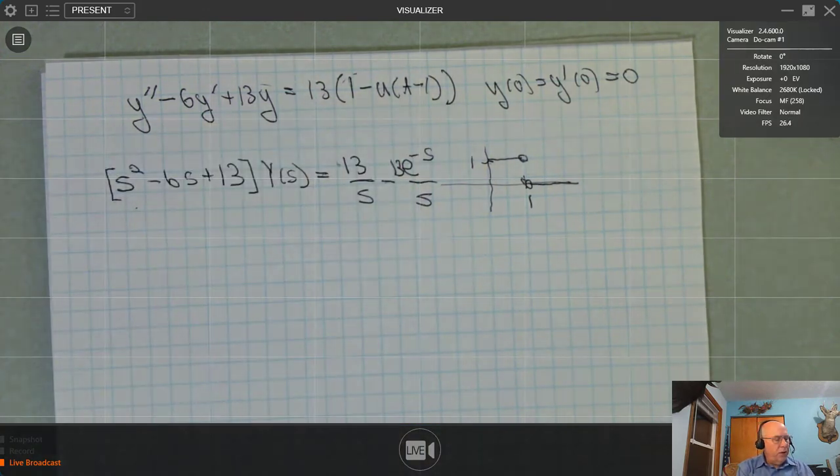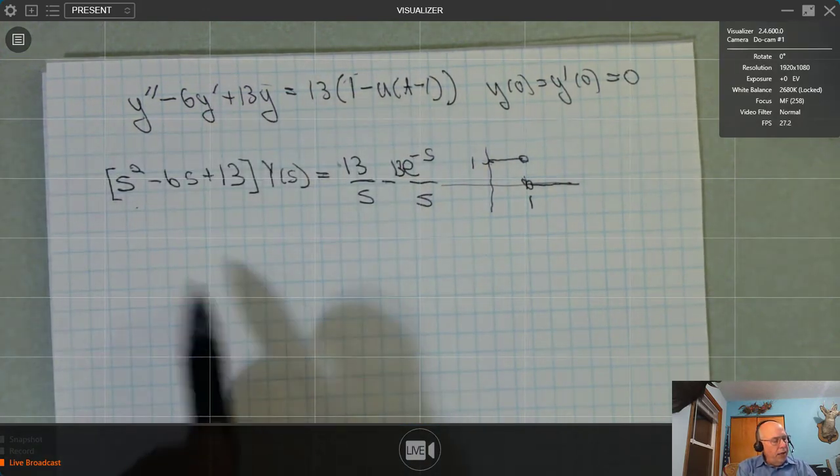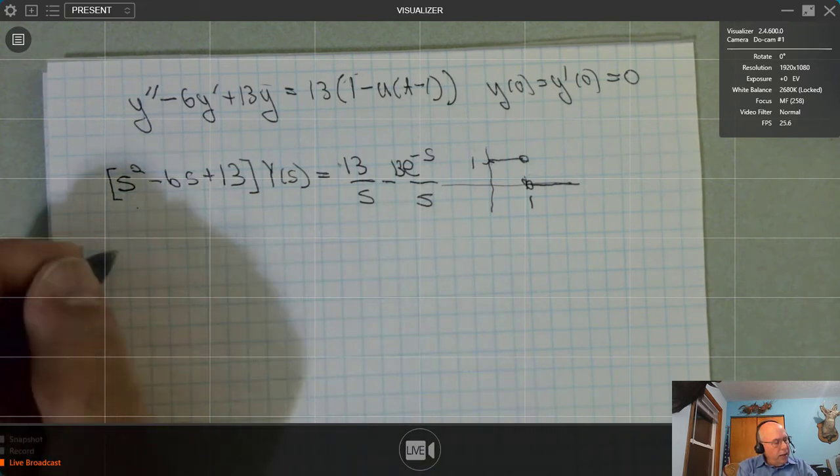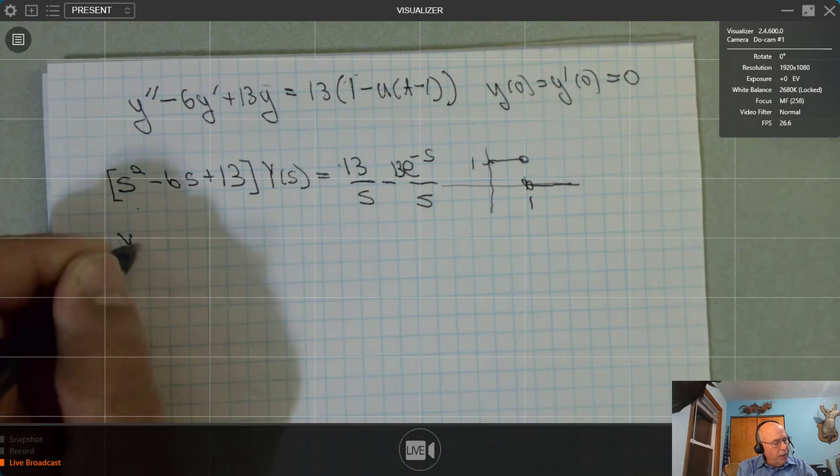So there's our transform function, and we simply need to divide both sides by this, and it looks like we're making great progress here, and we are.